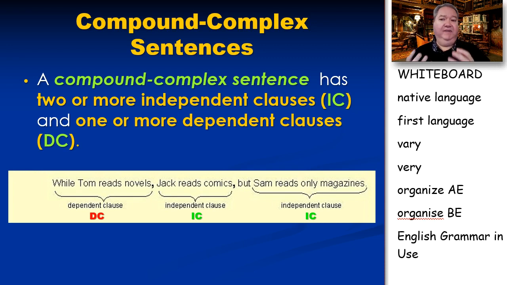So that means at the same time. Or while you're listening to my lecture, you fall asleep. You might do that at the same time as you're listening to the lecture. But here, it's not necessarily at the same time, but it's kind of like a Jack reads comics, or like, how should I say it?